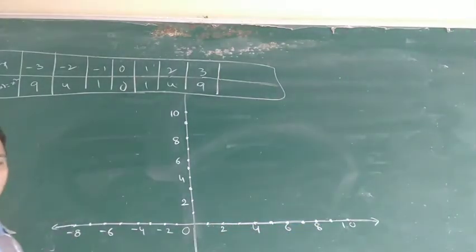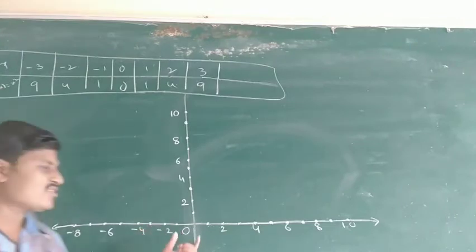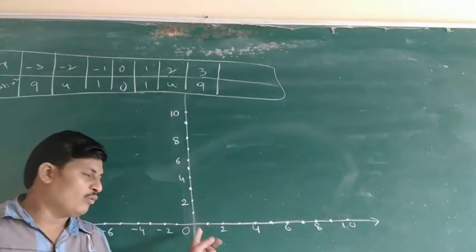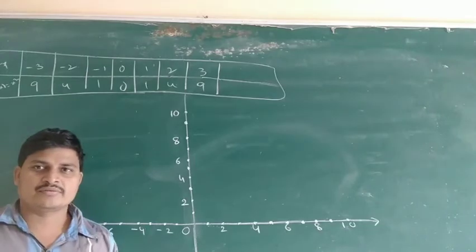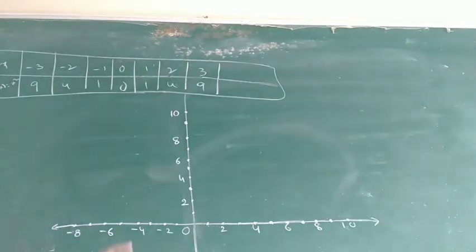So normally in the graph each box equals 1 unit. Here one box equals 2 units, because the square goes up to 9, so the length is large.